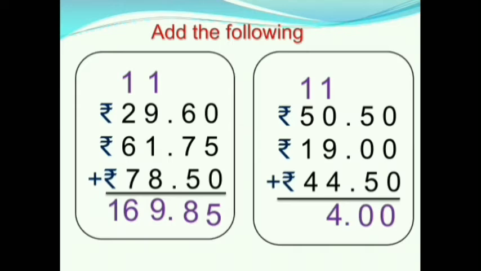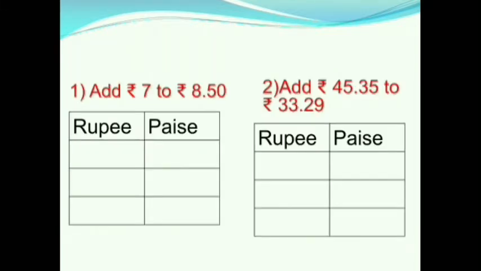Next we should add 1, 5, 1, 4. 1 plus 5, 6. 6 plus 1, 7. 7 plus 4, 11. Therefore, 50 rupees 50 paise plus 19 rupees plus 44 rupees 50 paise is equal to 114 rupees.